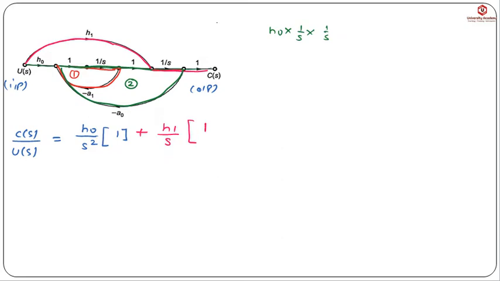So we write 1 minus the sum of the loop gains not touched by that forward path. The gain of the first loop is minus A1 by S, and this loop is not touched by this forward path. So this is the determinant value.